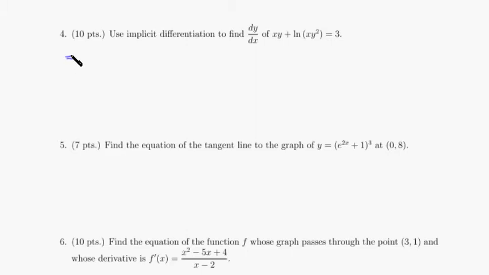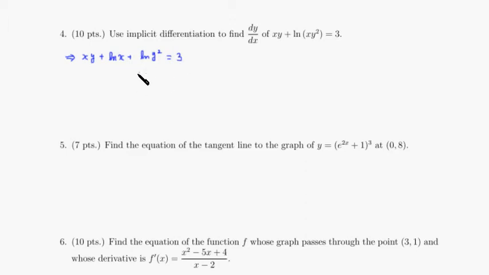So we have xy, which is nice, so I'll just leave that as it is. But here there's a multiplication, so we can split into two logs. You have the natural log of x, that's the first one, plus the natural log of y squared, and that is equal to 3.